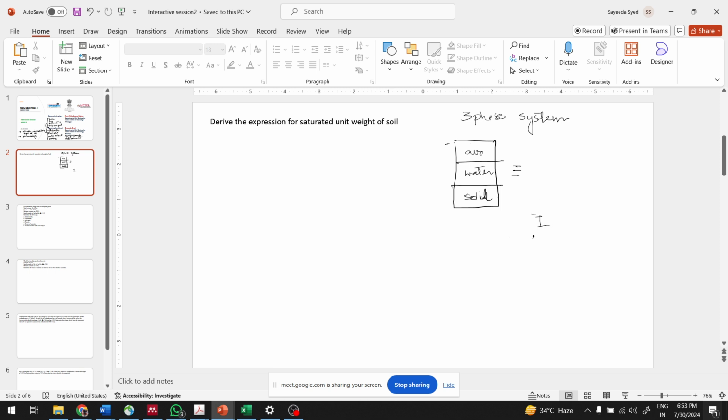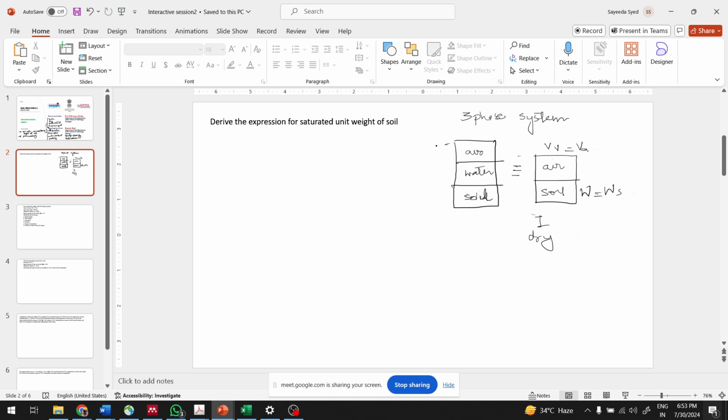First case is dry soil, completely dry soil. Here you will only have soil and air because there is no water. So your volume of voids will become equivalent to volume of air, and total weight will become equivalent to weight of solids.